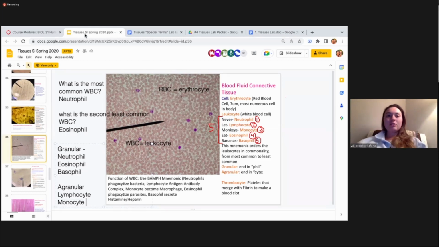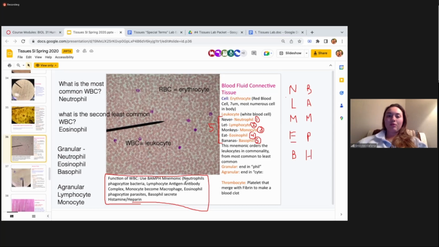For functions, you can use this mnemonic right here, and I wrote them all out for you. You use the BAMF mnemonic. For never let monkeys eat bananas, we can use BAMF and you can draw it out next to it. I tried to write all of this here for you to have as a resource.